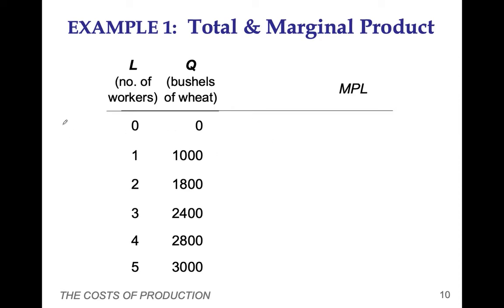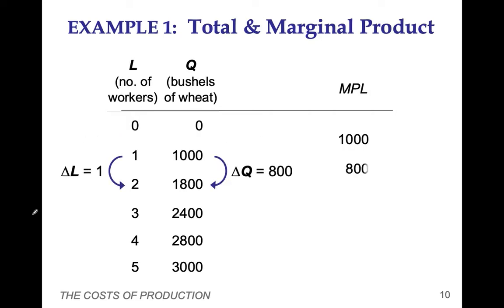So you can compute the marginal product of labor by dividing delta Q over delta L. Here the first worker produces 1,000 units or bushels of wheat. Delta Q is then 1,000, and the change in workers is 1. So 1,000 over 1 gives us an MPL of 1,000.